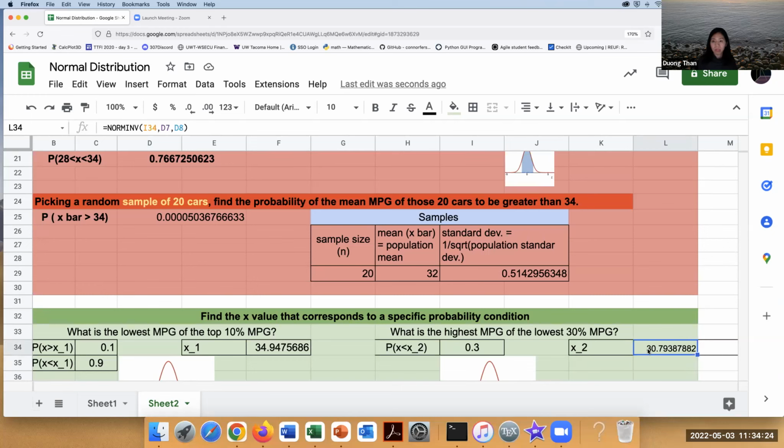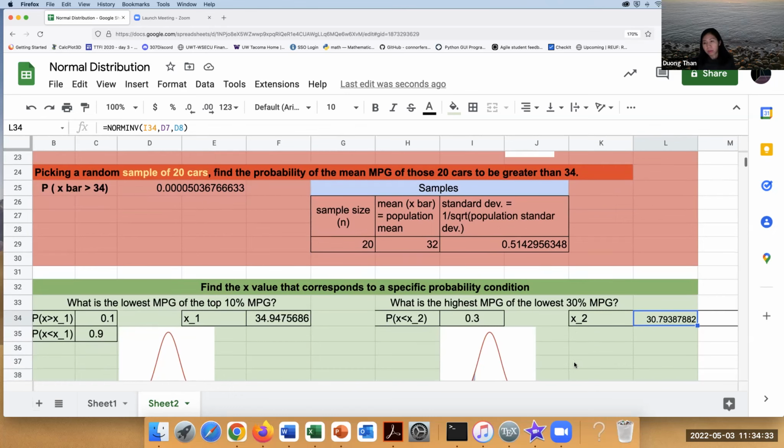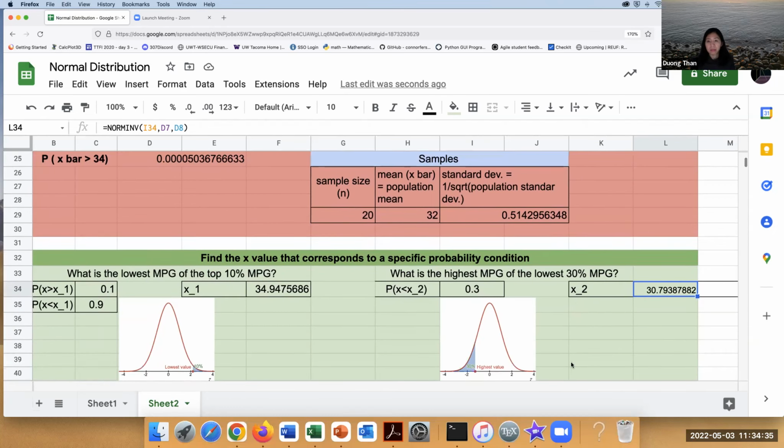Then you will have this value, about 30.8 miles per gallon. What does that mean? If you look at the lowest 30% of performance in terms of gas efficiency, then the highest value of the lowest 30% is about 30.79 miles per gallon.